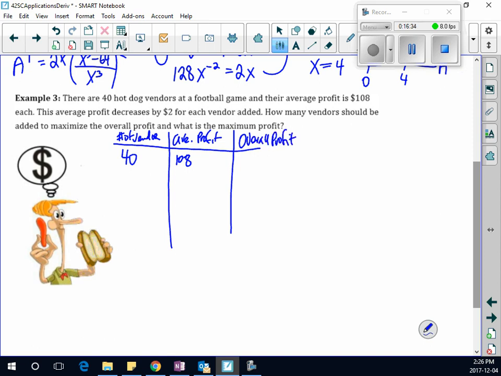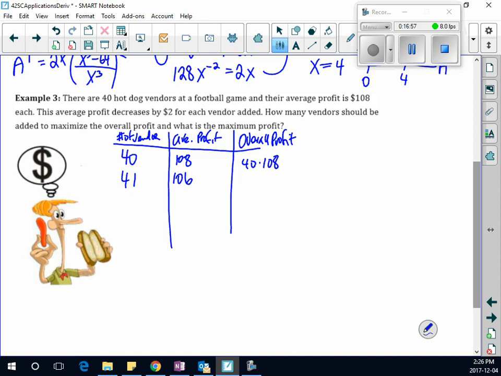That would be this times this, 40 times 108, the overall profit of all the vendors. It's saying if you decrease $2 for each vendor added, meaning this is going up by 1, this is going down by 2. Do you see what's happening?